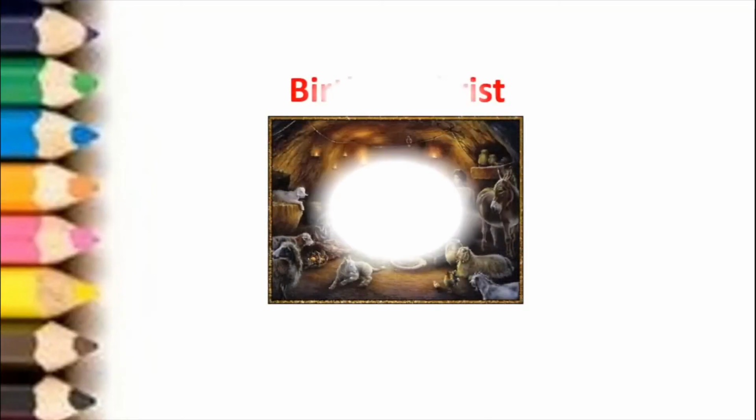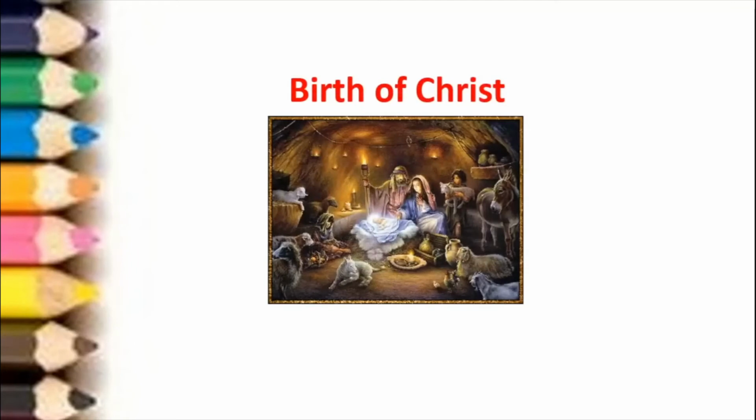So let us see what the Christian era means. We all know about the founder of Christianity, Jesus Christ. The birth of Jesus Christ marked the beginning of the Christian era. Okay, when Jesus Christ was born, that particular year we called the beginning of the Christian era.